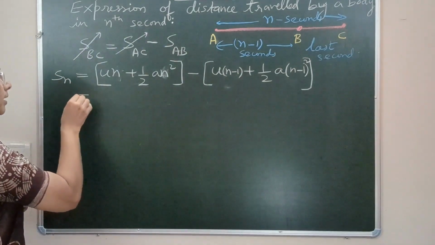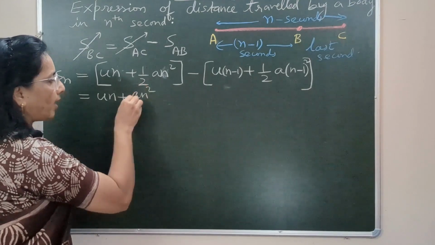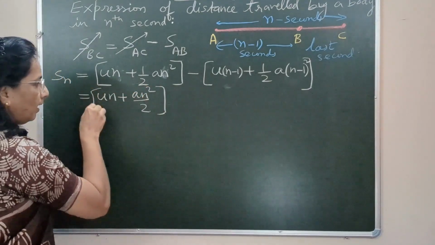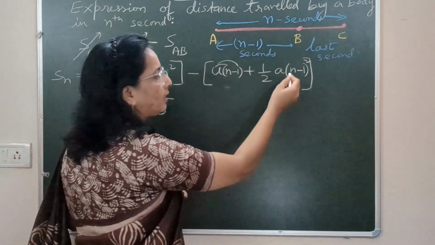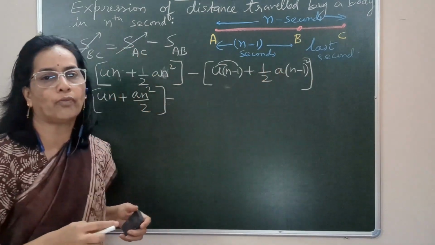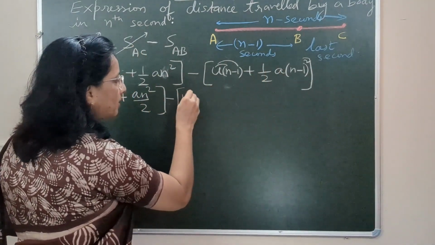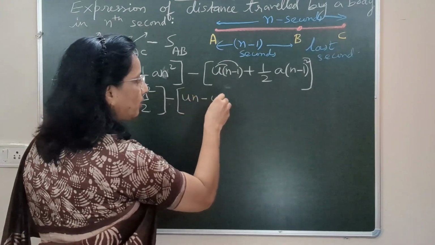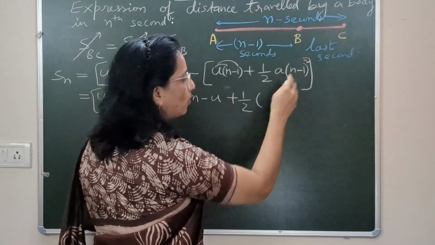So here this is un plus an square by 2 minus, we are going to distribute u over the bracket, and here we will go for a minus b whole square expansion and distribute a over the bracket. So this quantity appears as un minus u plus a half of a minus b whole square.